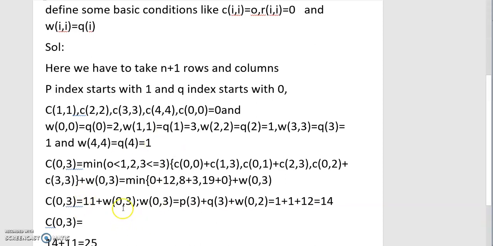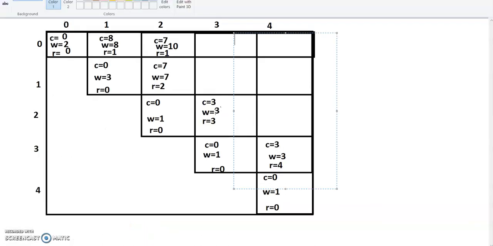In that way you need to find C of 0 comma 3, and in this way you need to find 1 comma 4 also. After finding 1 comma 4, finally you need to find 0 comma 4.